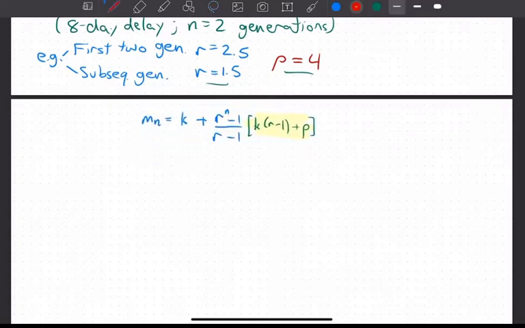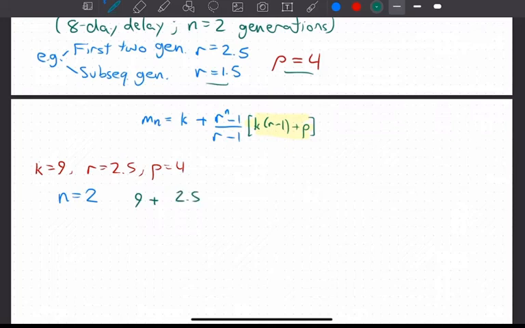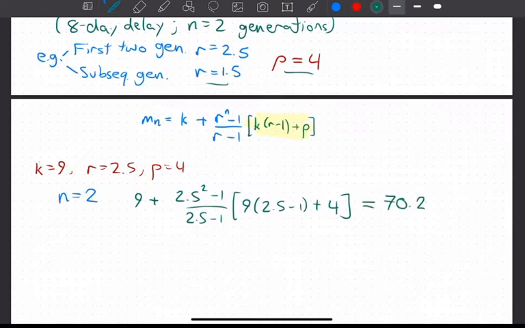And now, first we do the calculation when R is 2.5, rho is 4, when N is 2 for the first 8 days, so we get 9 plus 2.5 squared minus 1 over 2.5 minus 1. And now here we have 9 times 2.5 minus 1. This is almost the last one of these I'm going to do, I promise. Plus 4 is 70.25.